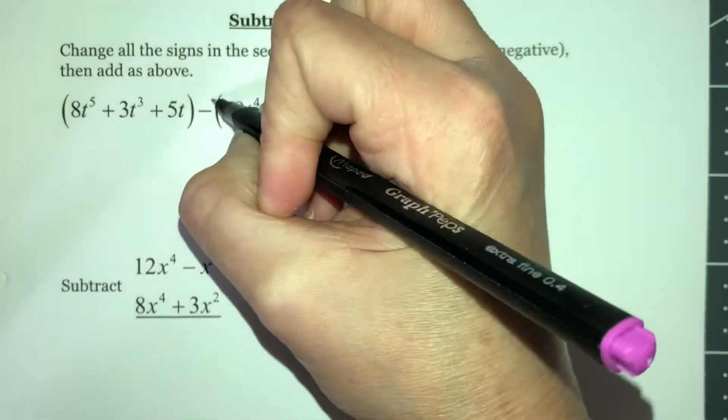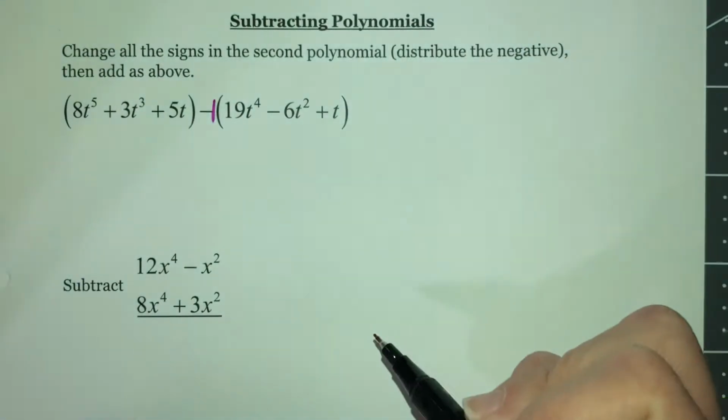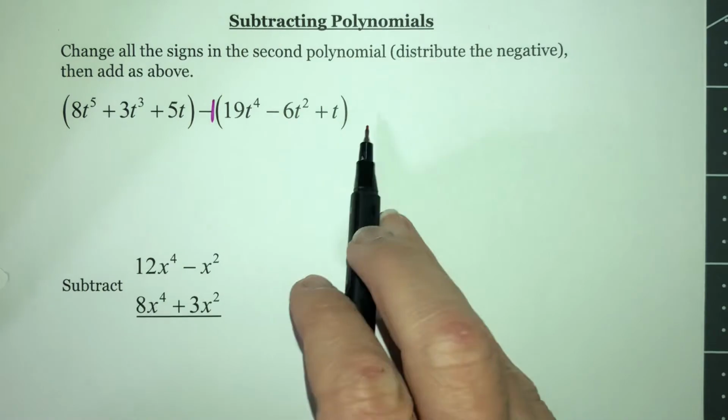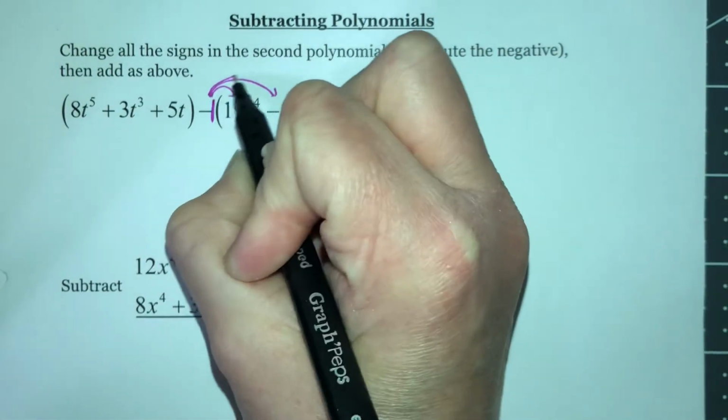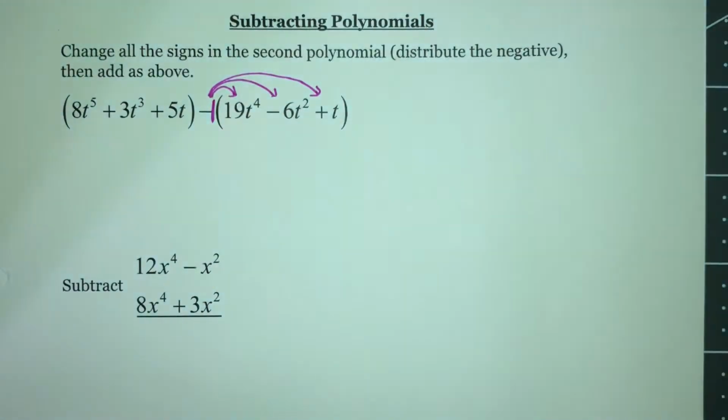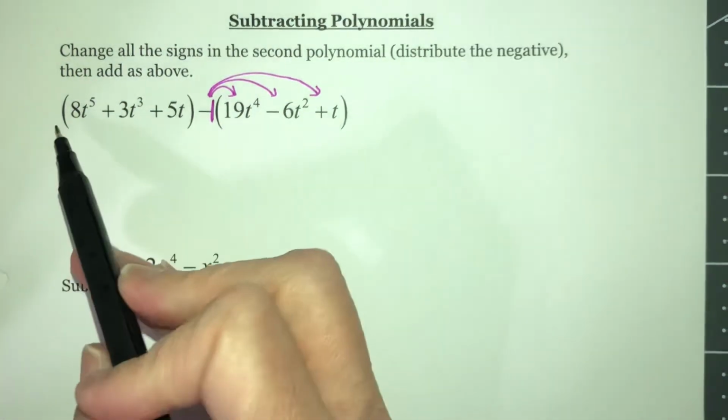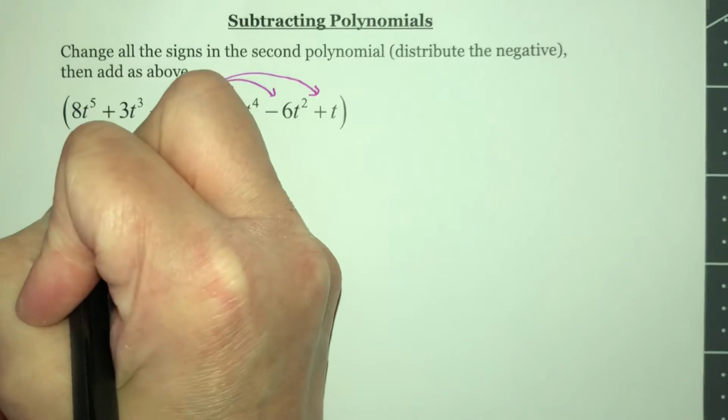Well, we've done this before. We know that we have a -1 in front of parentheses. We distribute that -1. Okay? There's nothing to distribute here, so I'm going to recopy this.